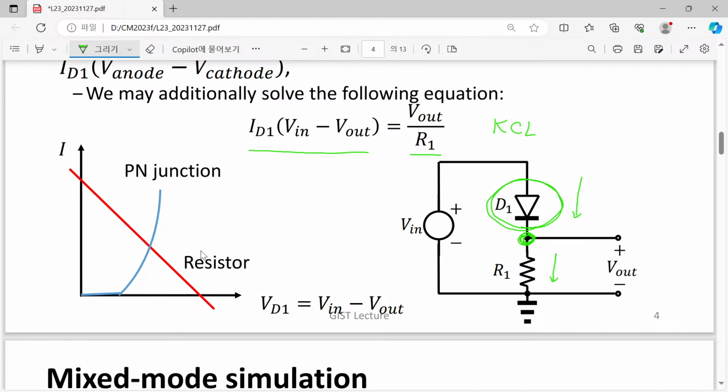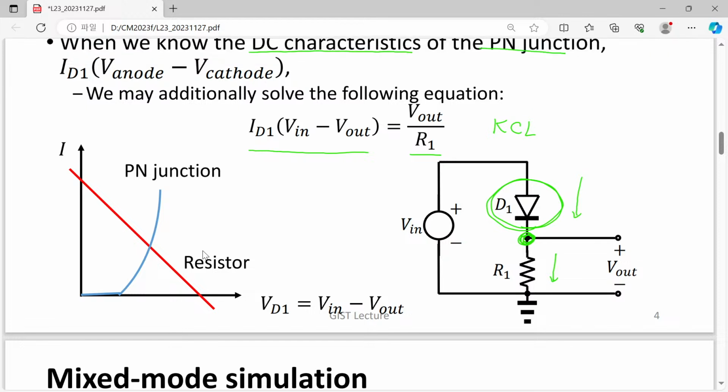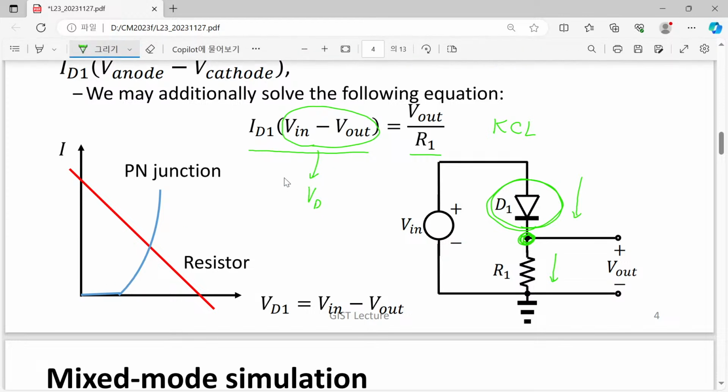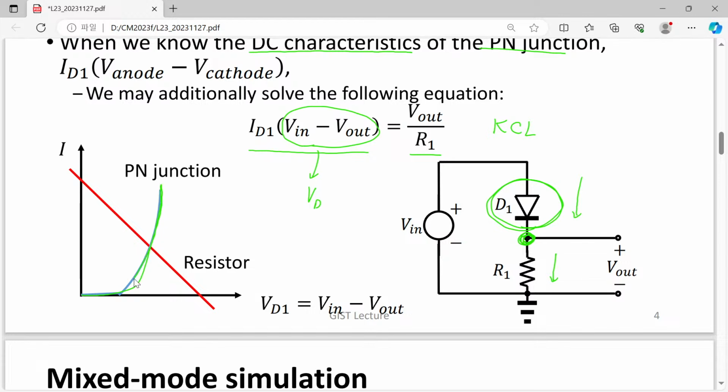So maybe if you are coming from an EE department, you remember the so-called graphical approach to calculate this non-linear system. They just say that this is the diode voltage. Then, as a function of diode voltage, the PN junction looks like a certain exponential function. Its IV characteristic is an exponential function.